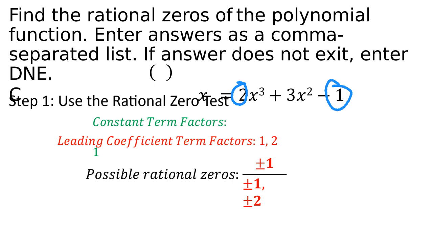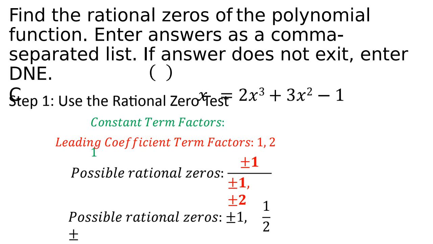So let me just rewrite this. We have plus or minus 1 over plus or minus 1 and plus or minus 2. So my possible rational zeros are 1 and 1/2, negative and positive.